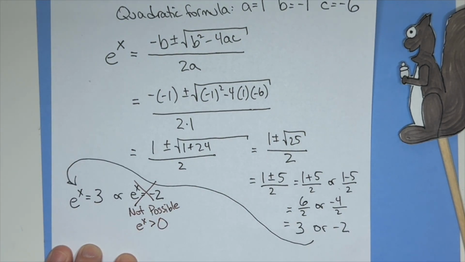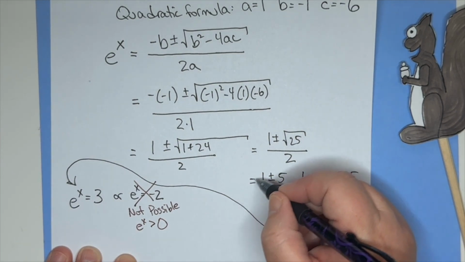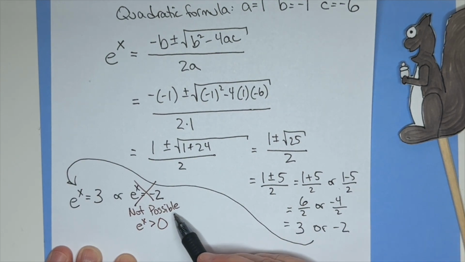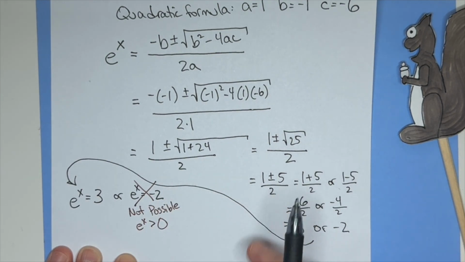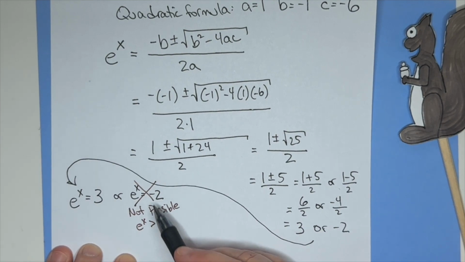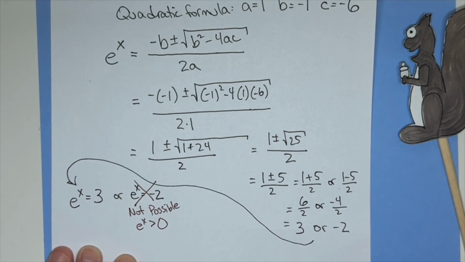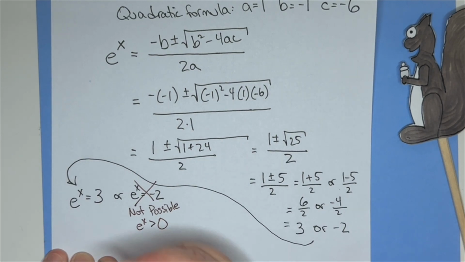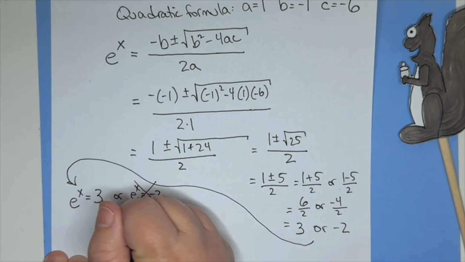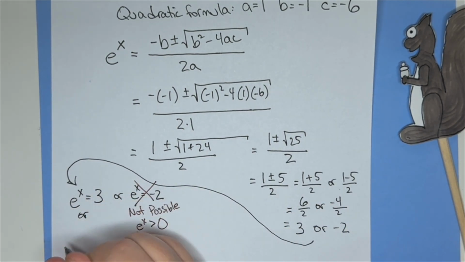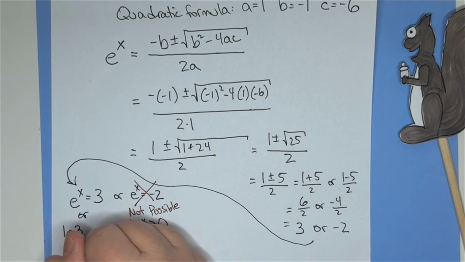Remember, when you take a picture of e to the x, it goes up like this, and it's got an asymptote at the x-axis, but it never touches, so it can't be negative. It never goes through. So our final answer is e to the x equals 3, or natural log of 3 equals x.